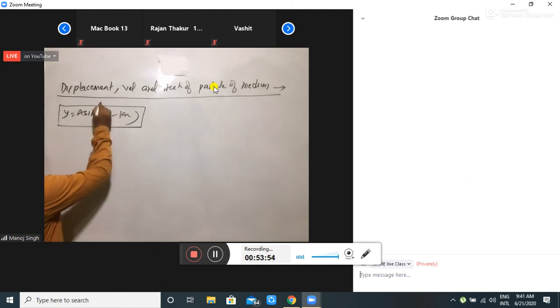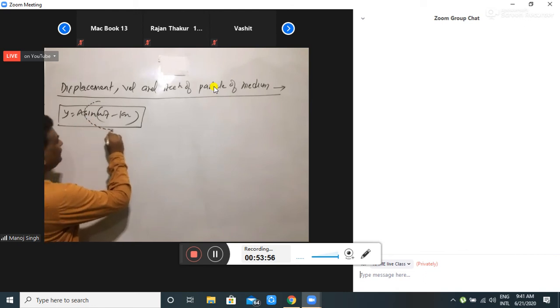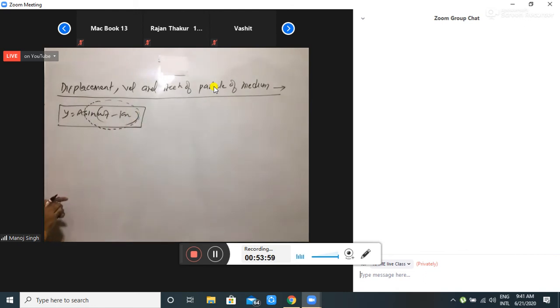Now, when this quantity is maxima, y is equal to a sine of omega t minus kx.